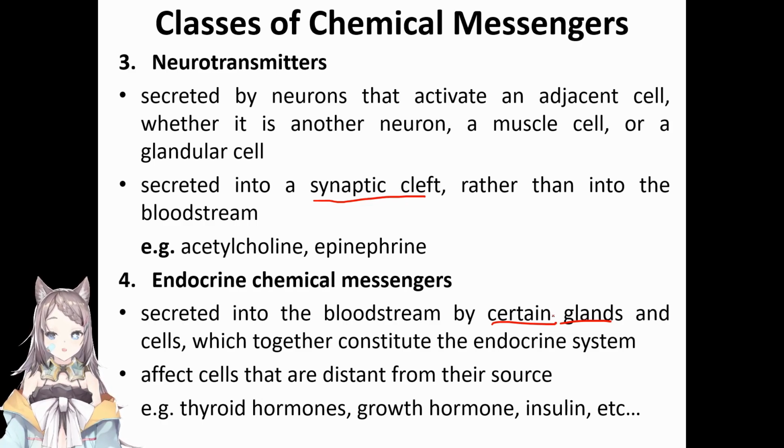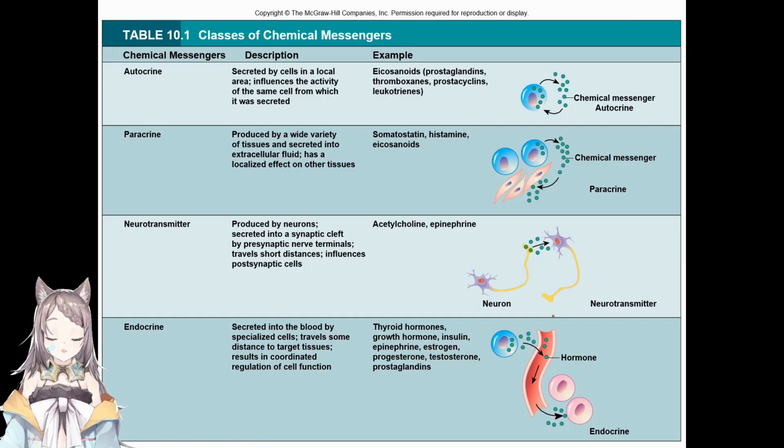This affects cells that are more distant from their source, meaning a gland from your brain can affect different parts of the body, like our thyroid hormones, growth hormones, insulin, and other endocrine hormones. So this is a summary of the different classes of chemical messengers.